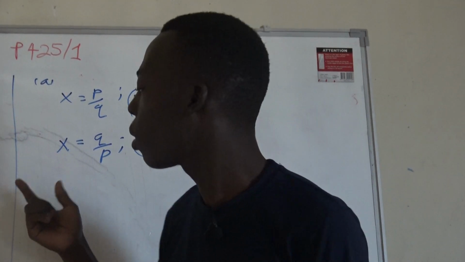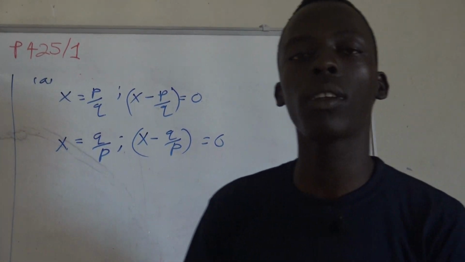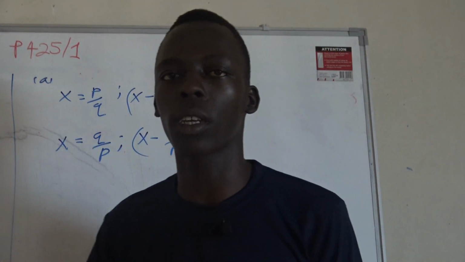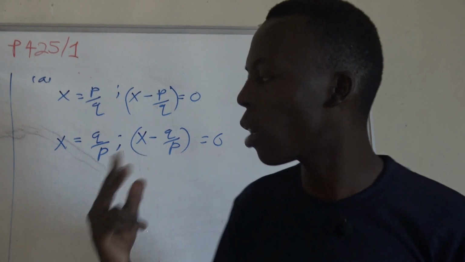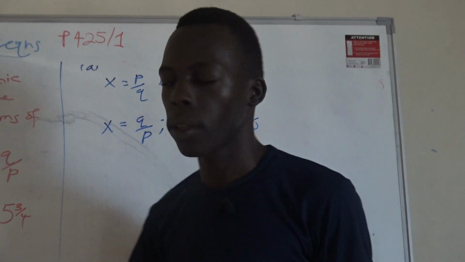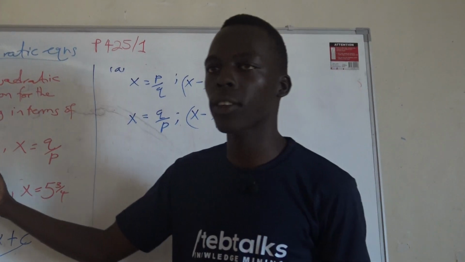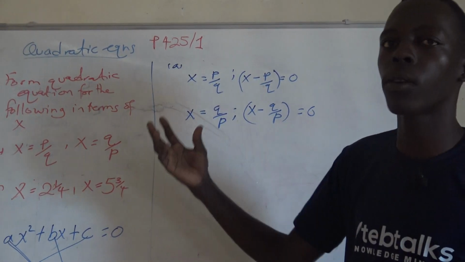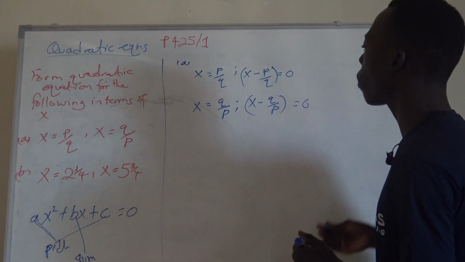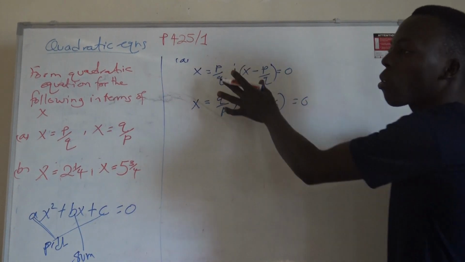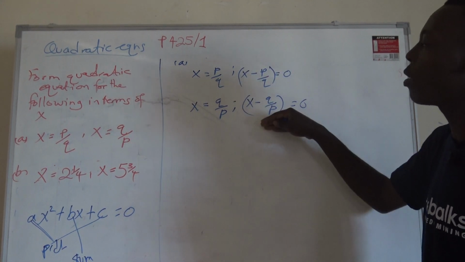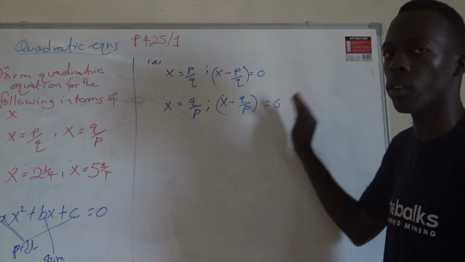Now remember when you are solving these equations, the answers which you get after solving a quadratic equation are 2 answers because of the squared component. So here they have given us the answers, and now they want us to form equations from those answers. So what we do is combine this one and this one, by multiplying them, then you equate to the common thing which is 0.